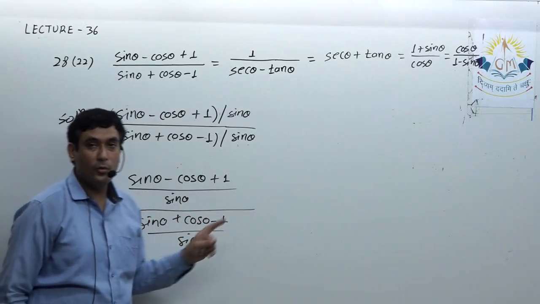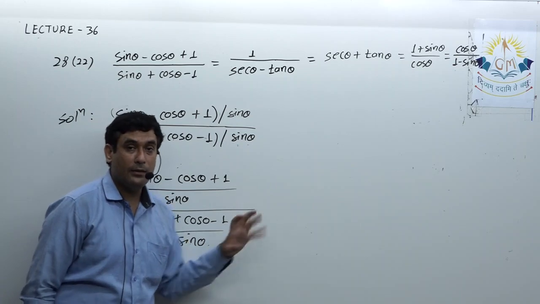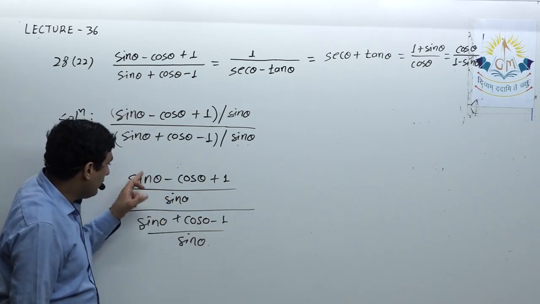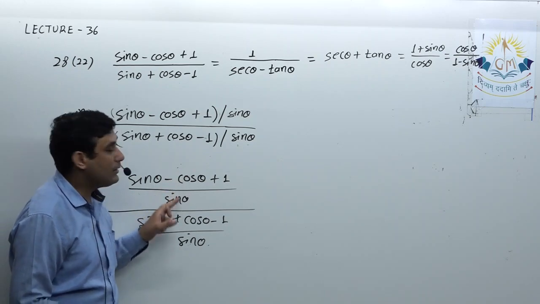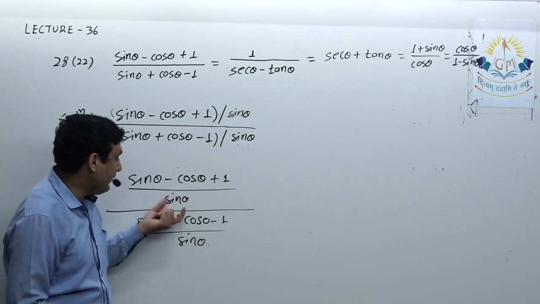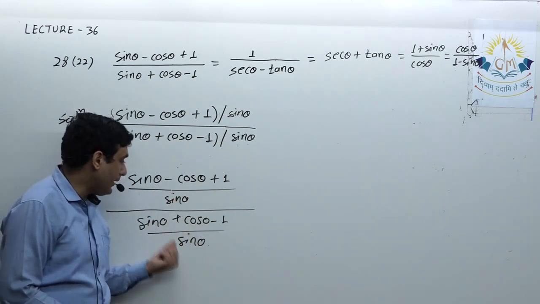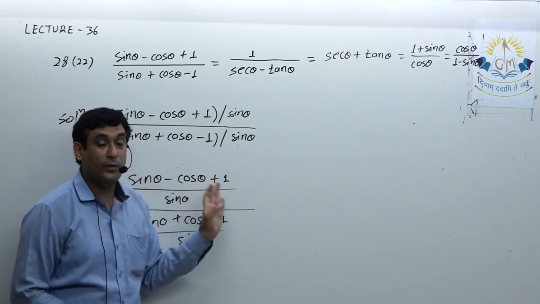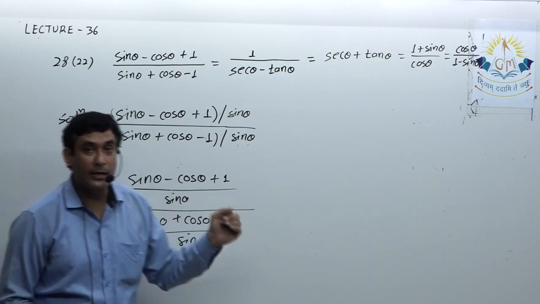Why? Because I want to convert it into sec and tan. But if I do this, in the next step I write sin upon sin, then cos upon sin, and cos upon sin will be cot. That means if I divide the numerator and the denominator by sin theta, this expression will convert in the form of cosec and cot, not in sec and tan.